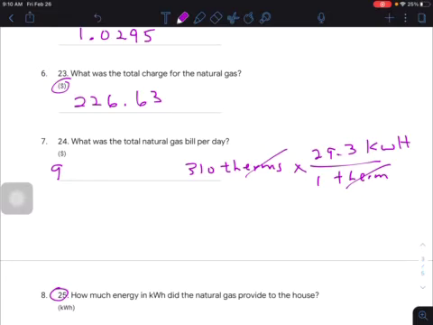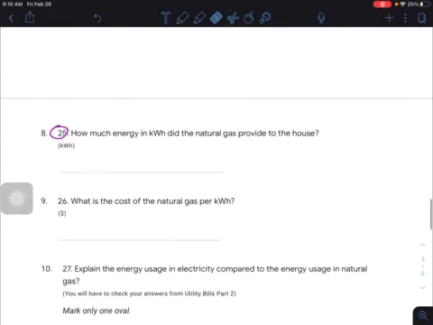Oops, sorry about that. I'm going into the wrong answer there. So 310 therms is equal to 9,083 kilowatt hours. What is the cost of the natural gas per kilowatt hour?